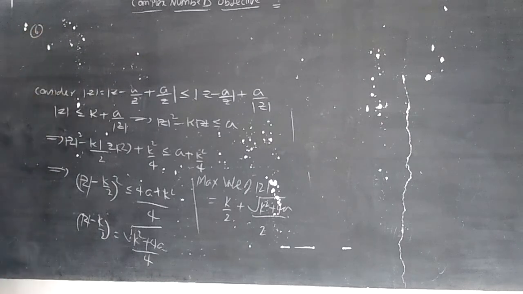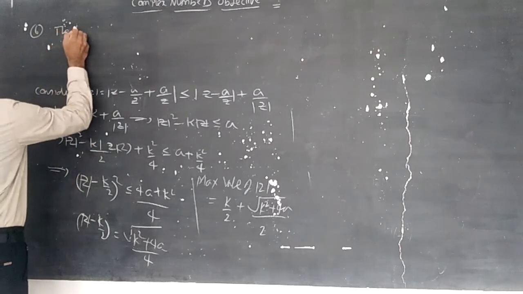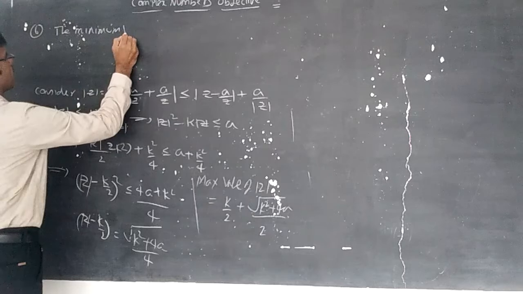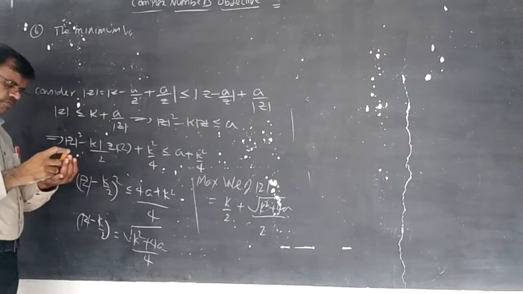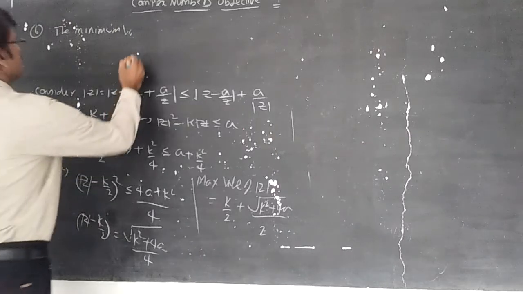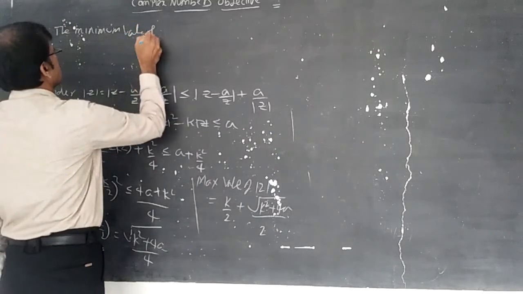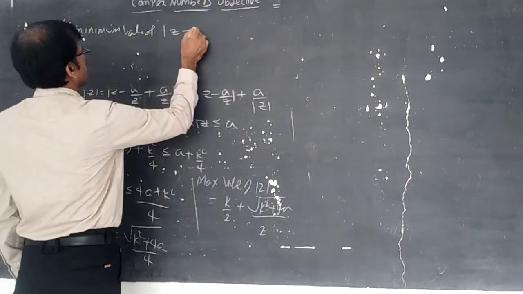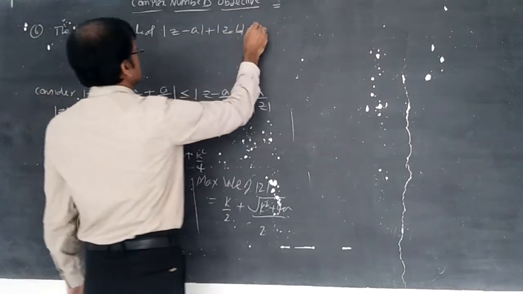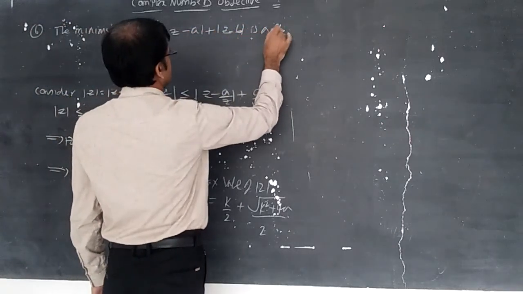The minimum value of modulus of z minus a plus modulus of z minus b is equal to a minus b.